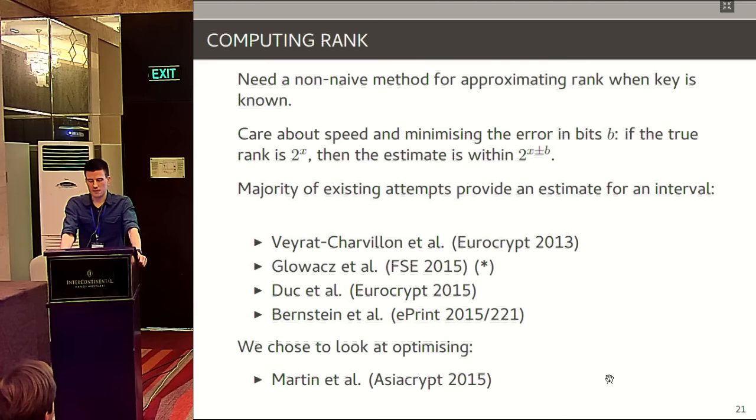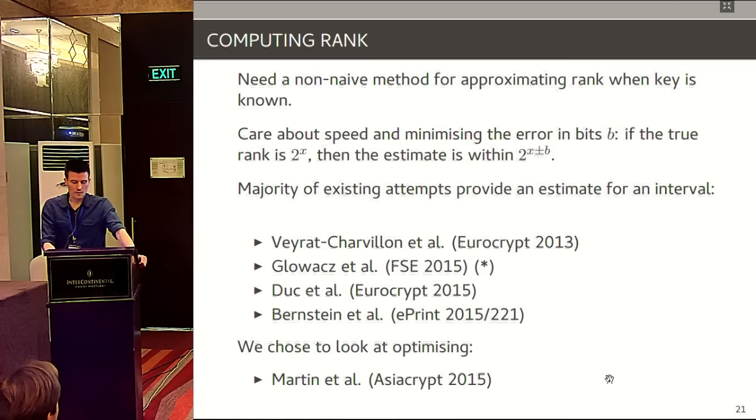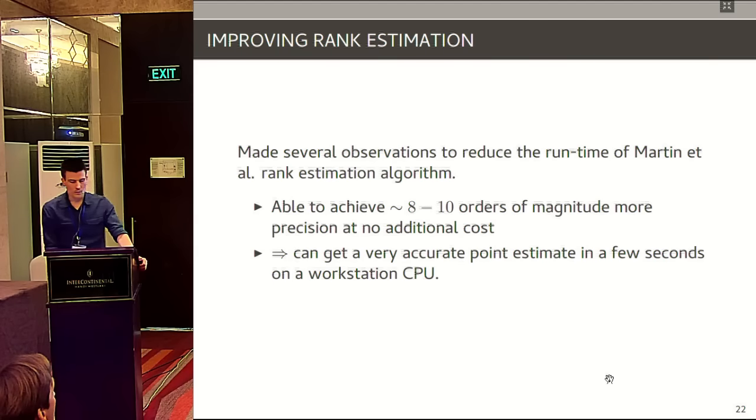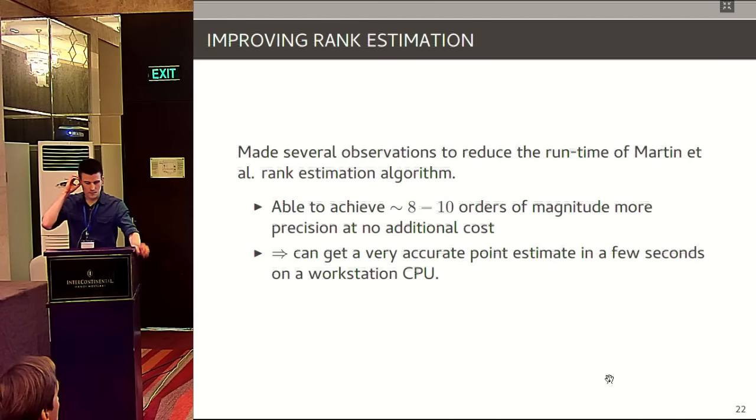The majority provided an interval estimate. And actually, at Asiacrypt last year, one of my colleagues, Dan, described an algorithm that provides a point estimate. This is one we like, and we think it's fast and accurate. As part of this work, we spent a bit of time trying to make it better. To quickly describe what we did, we made several observations that reduced the runtime.